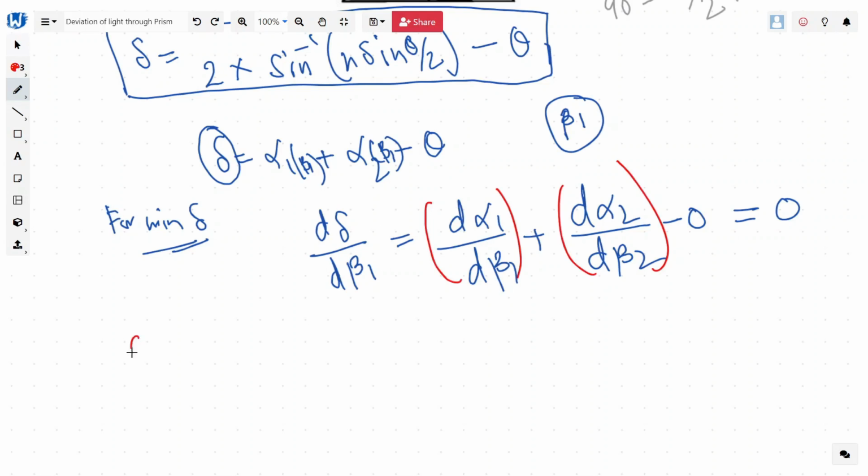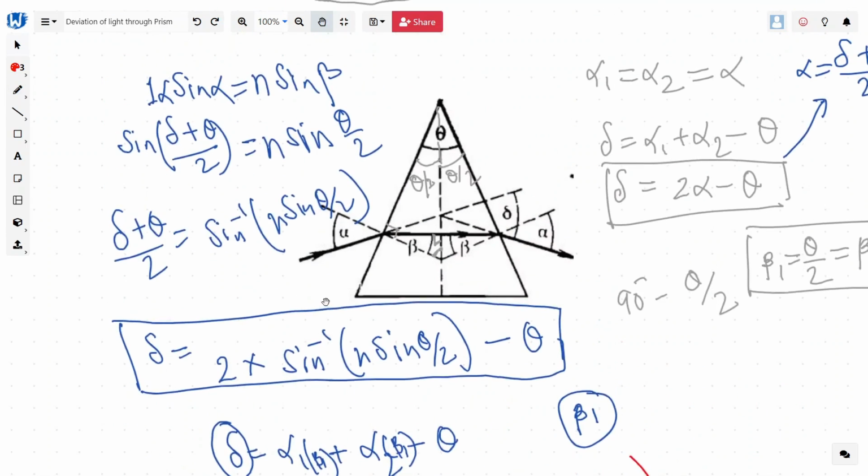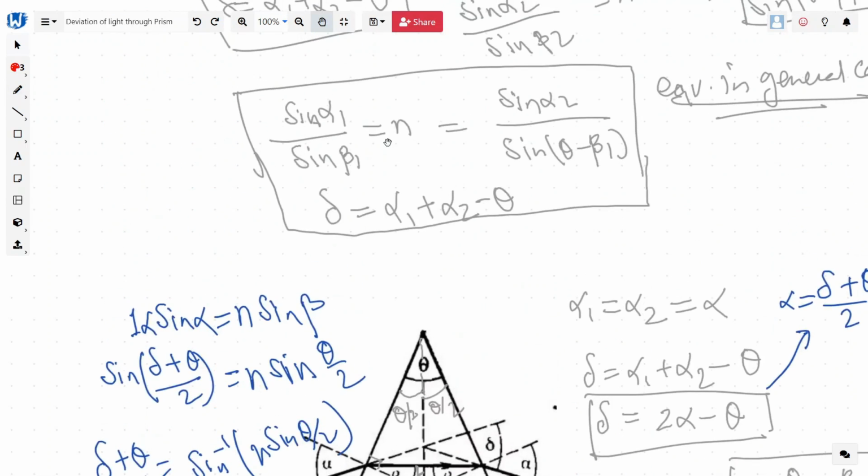Okay, so d alpha 1 by d beta 1. Now what is alpha 1 in terms of beta 1? We have it here. Sine of alpha 1 is going to be n sine of beta 1. So alpha 1 is going to be sine inverse of n sine beta 1.